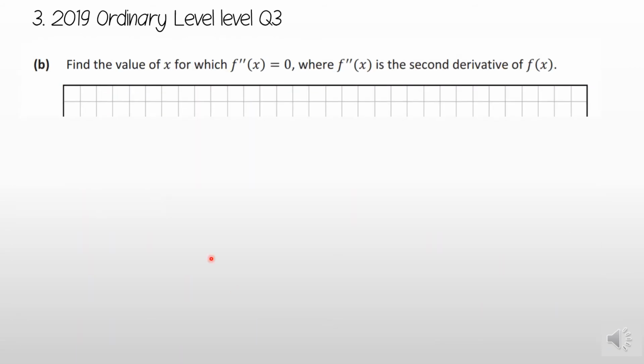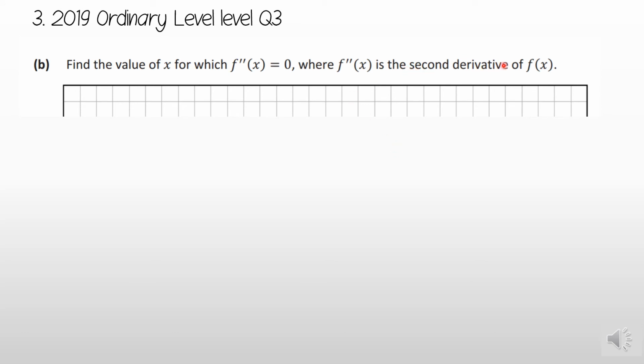The next part of the question was: find the value of x for which f double dash of x is equal to 0, where f double dash of x is the second derivative of f of x. So this is calculus, this is differentiation. Second derivative means that you differentiate the function once, and the answer you get, you differentiate it again.